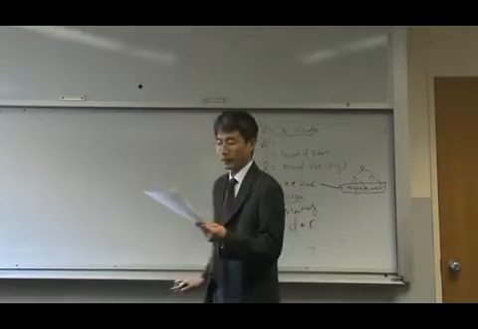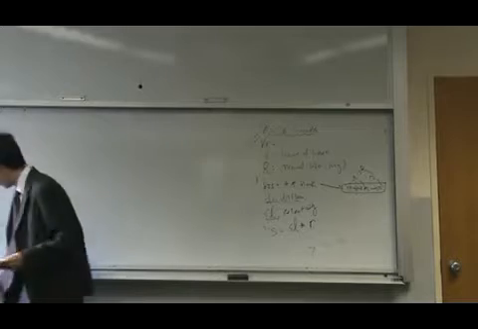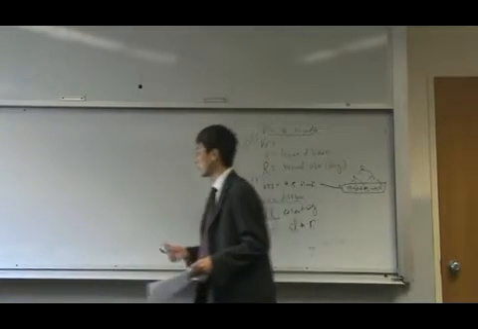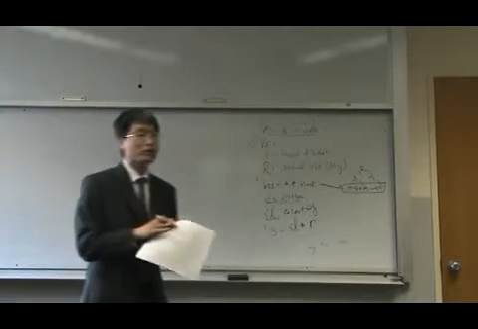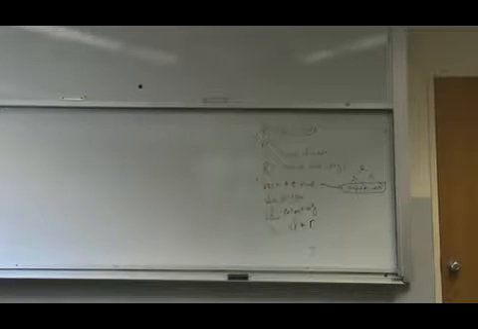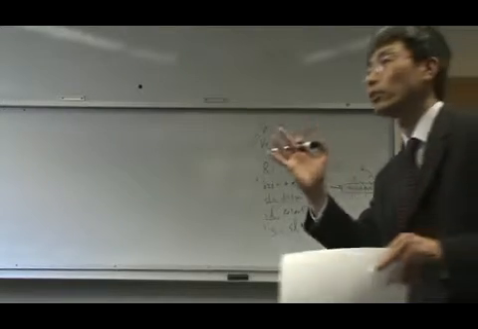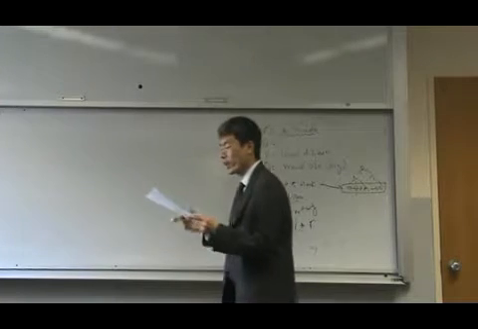Then let's start with linear search. So for linear search, how can we compute the cost? Cost should be represented by the number of blocks. How many blocks do you need to access?